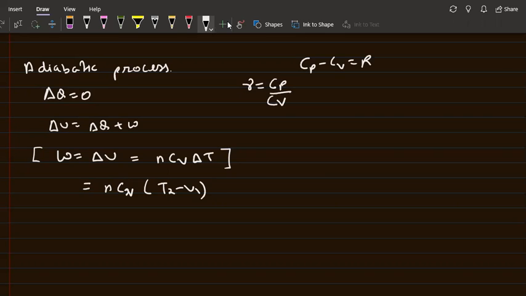Divide everything by Cv in this equation. Cp by Cv is gamma, Cv by Cv is 1, minus, equal to R by Cv. So Cv is equal to R divided by gamma minus 1.